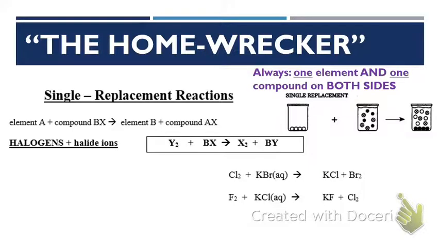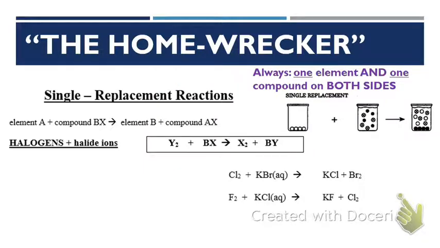But in a home wrecker single replacement reaction, we have to have one single element and one group compound on each side. So I need to have an element and a compound on my reactant side, and that has to make an element and a compound on the product side. I'm just using E and C to represent element and compound. They're not really the same things.